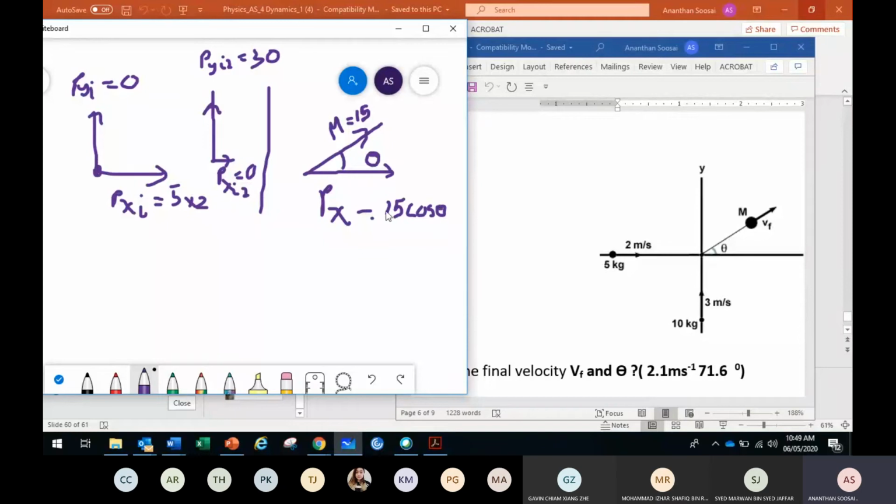Positive or negative? Positive, because it is directed to the right. Py is positive also, 15 Vf sin theta. Correct? Any mistake?